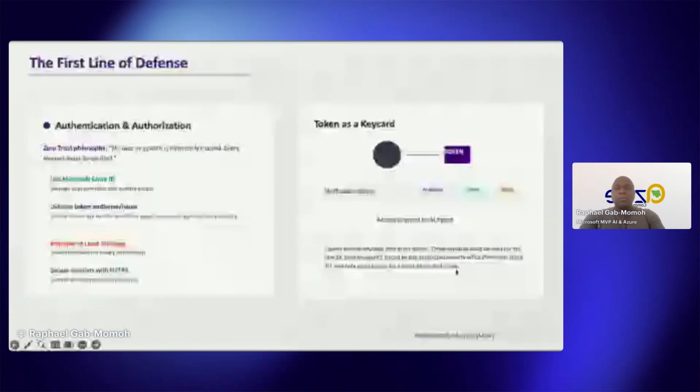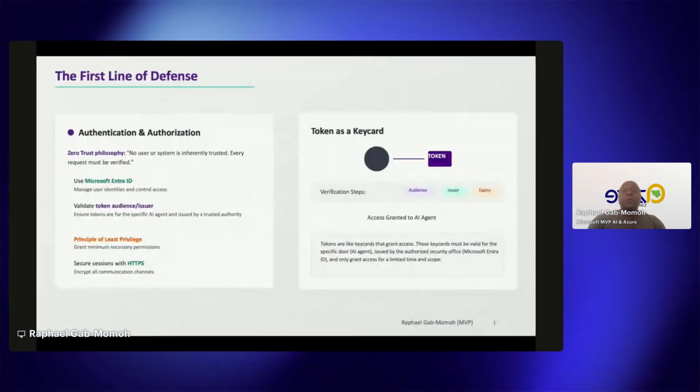As you all know, the first line of defense in security is still the same. It has not changed. You have all joined this session because we share common interests, which is why we are all here. When you talk about security, you look at authentication and authorization.